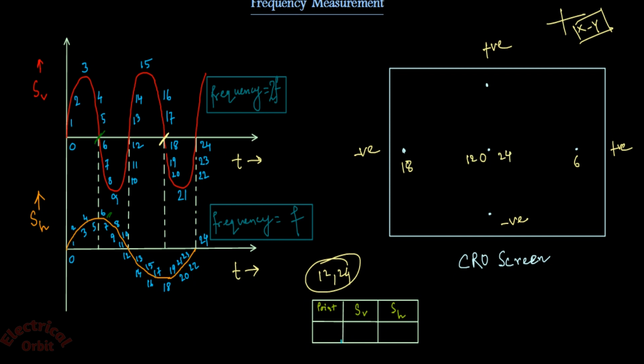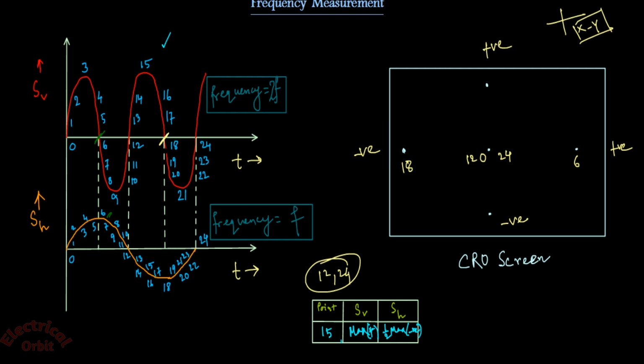Clear? Now consider point 15. For 15, the value of SV is maximum, and the value of SH is half of maximum on the negative side.